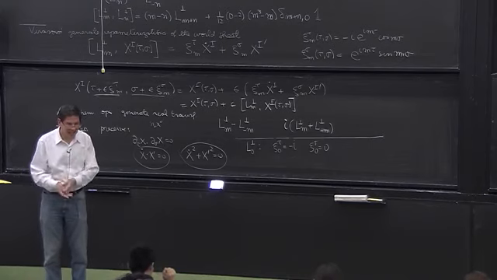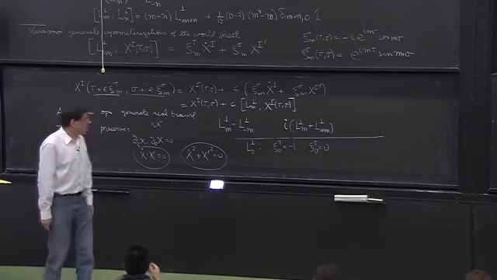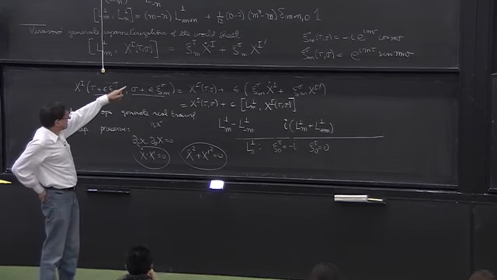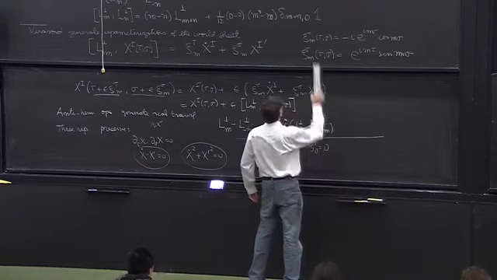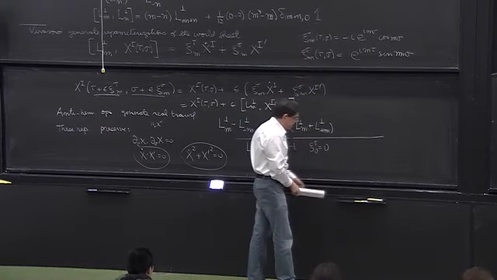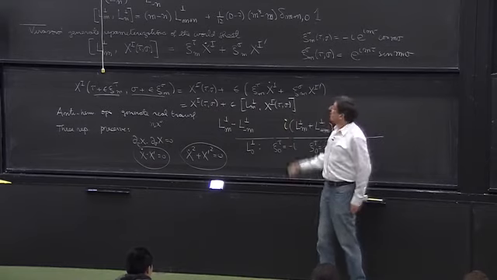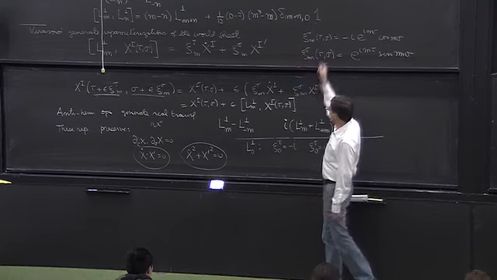Yes. Why is it called the central charge? It's called the central charge because a central operator in mathematics is an operator that commutes with everything. So this term commutes with everything.